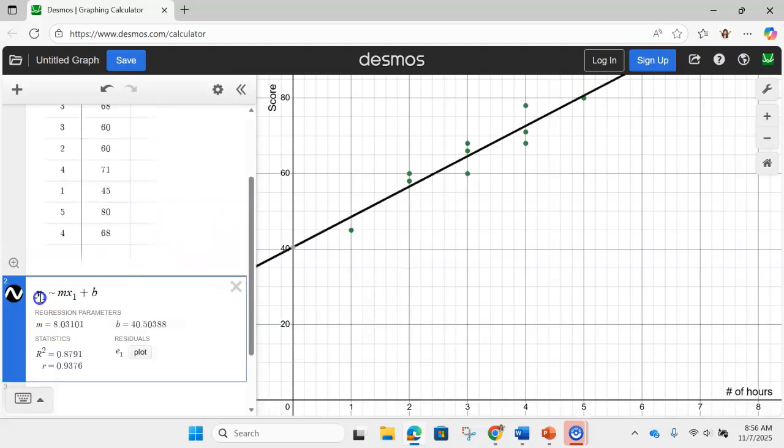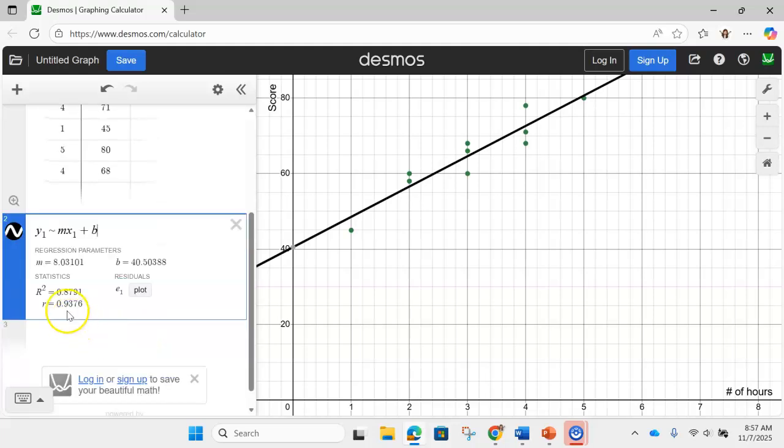And once I type that in, it is going to give me my slope, it's going to give me my y-intercept, and it's going to give me my correlation coefficient. And so this is saying it's doing a very good job of predicting, this is going to be a good line of best fit with an R value of that.